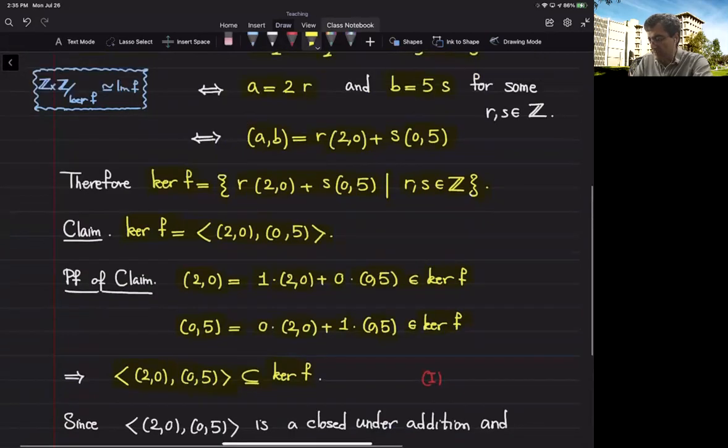Notice that every element of the kernel of F is an integer linear combination of these two vectors.